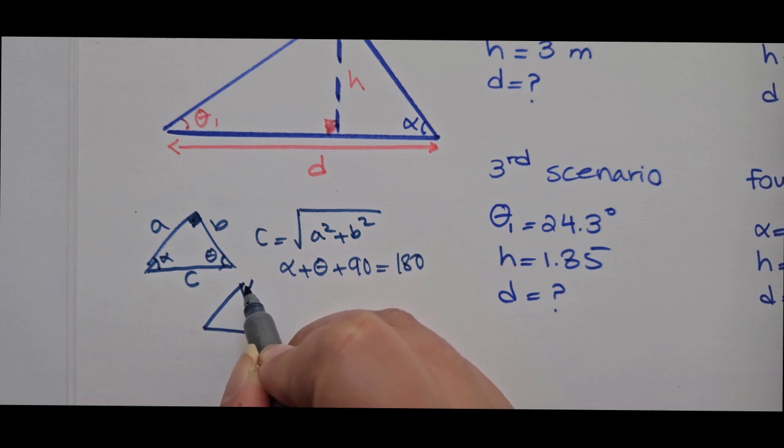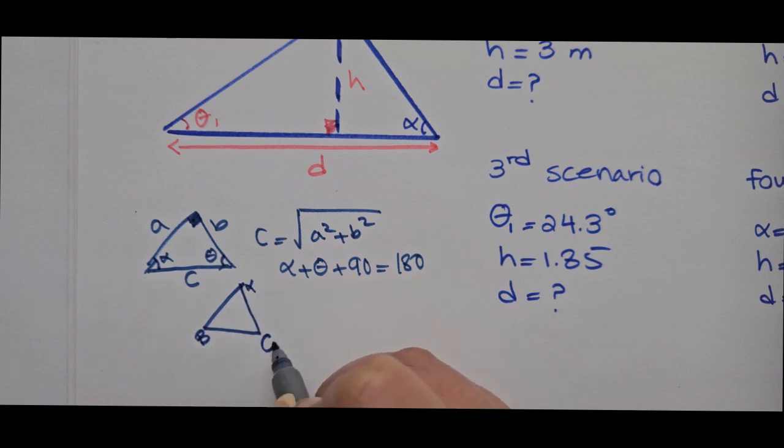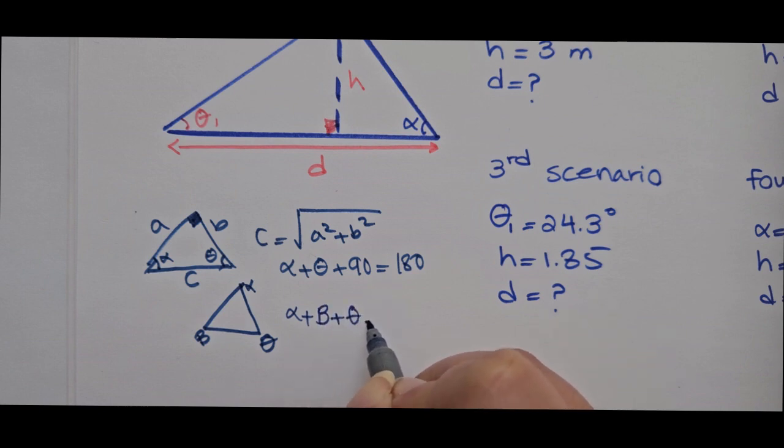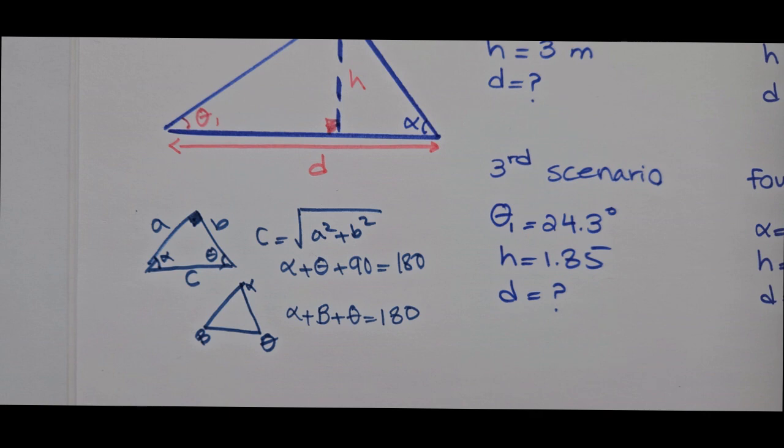So it could be alpha, beta, theta, and in this triangle it's also 180. So in any triangle, the sum of the internal angles would be equal to 180. Okay, keep these two properties in mind with your knowledge of trigonometry and your calculator, of course.